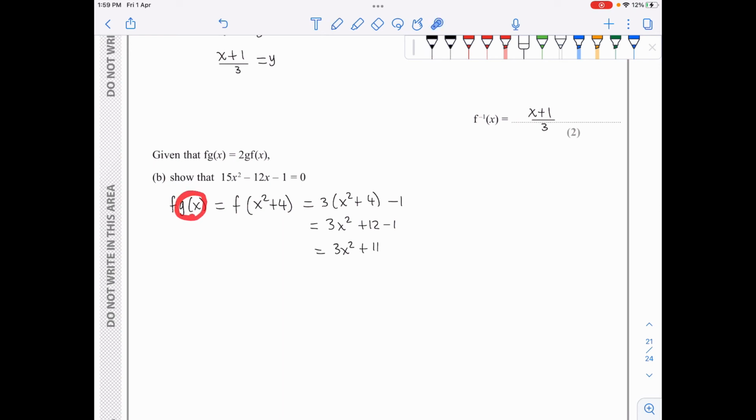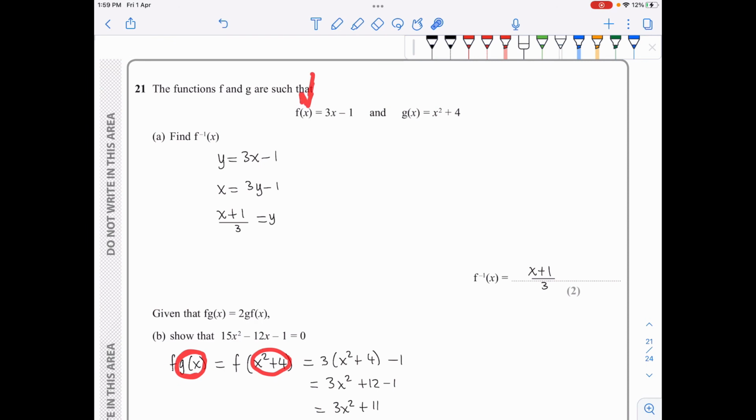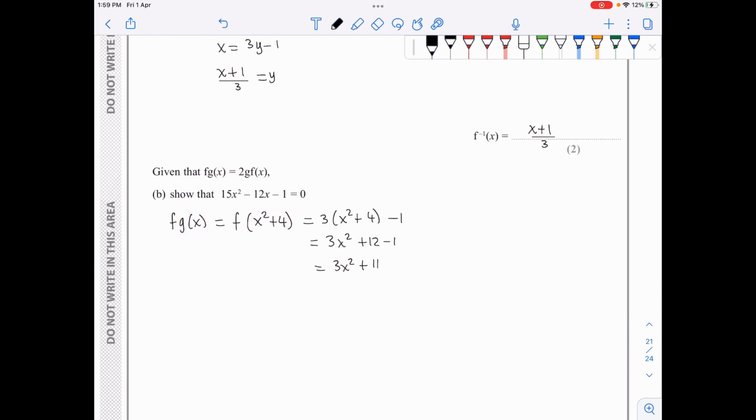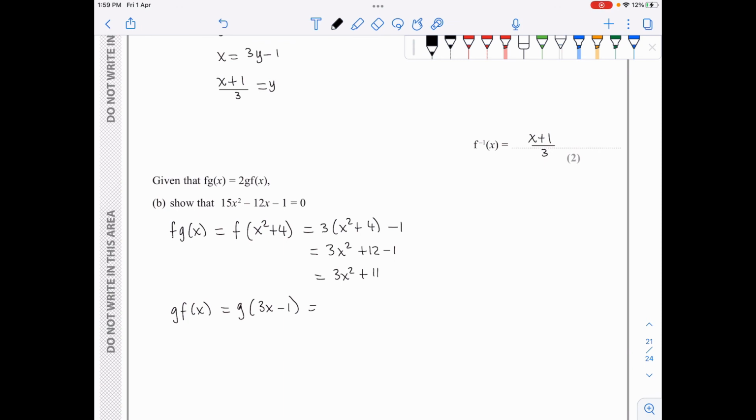Remember that for composite functions, you always start from the inside. I first did g of x, which was x squared plus 4, and then in f of x, instead of putting x, I've put x squared plus 4. I'm going to do the same thing for g of f of x. So g of f of x is g of 3x minus 1. Now g is x squared plus 4, which means whatever we supply to it will be squared and the 4 added.